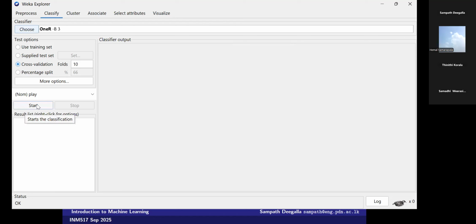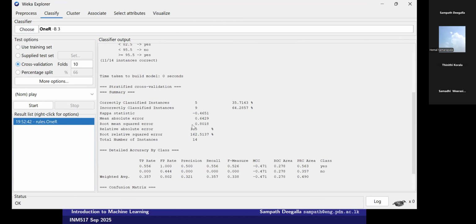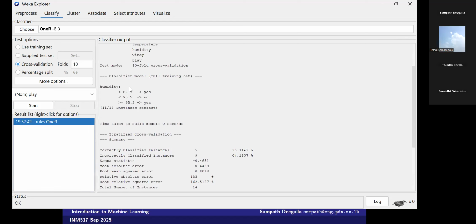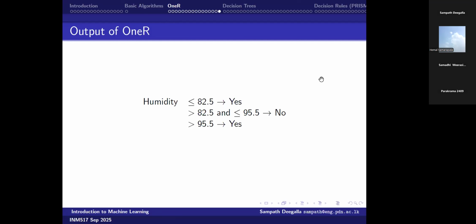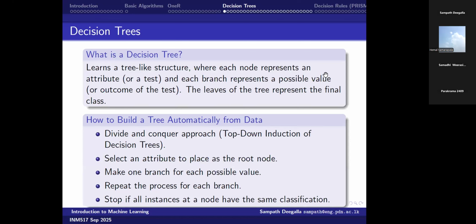So let me click start. And when you click start, you will observe the outcome. Okay, it shows the classifier model, and it says the answer is humidity. Right. Okay, we have finished a very small machine learning algorithm, 1R.